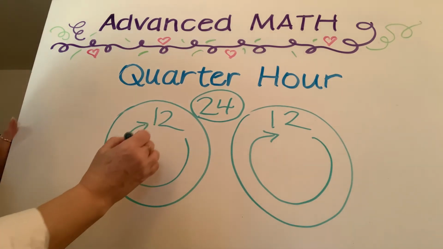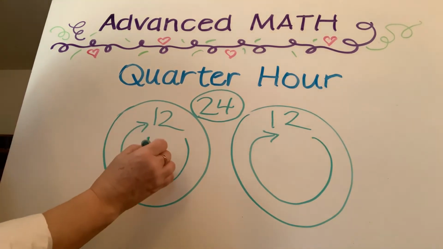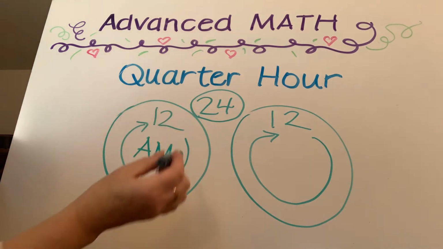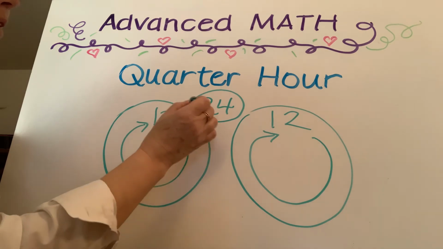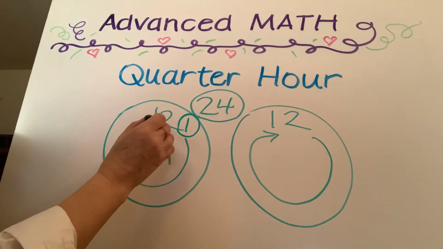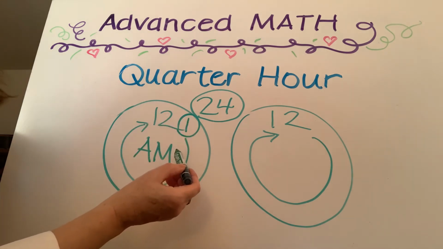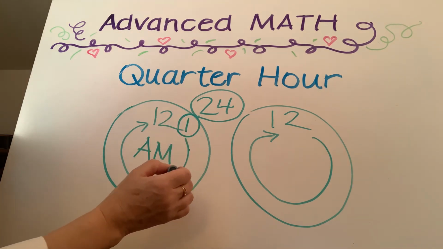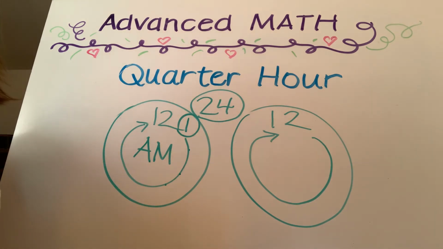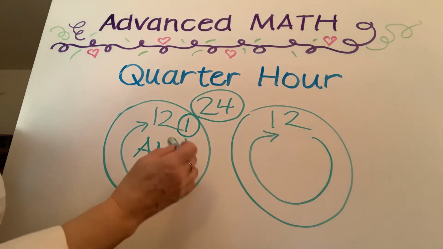We start with AM. Now, as you can see, 12 o'clock in the morning is actually midnight, because the next number is 1 o'clock in the morning, 2 o'clock, 3 o'clock, 4 o'clock. Do you see how we keep going in the morning? Even though the actual morning starts right after midnight, okay?